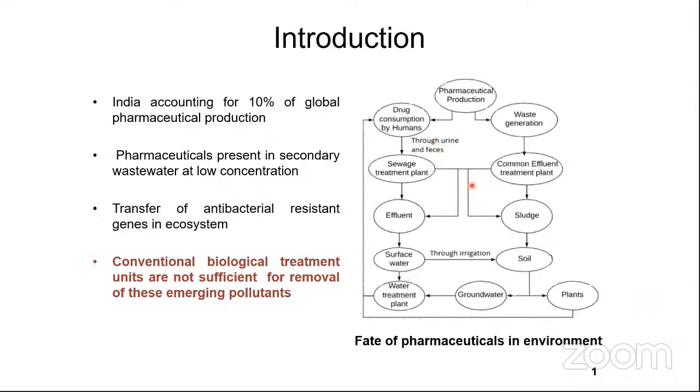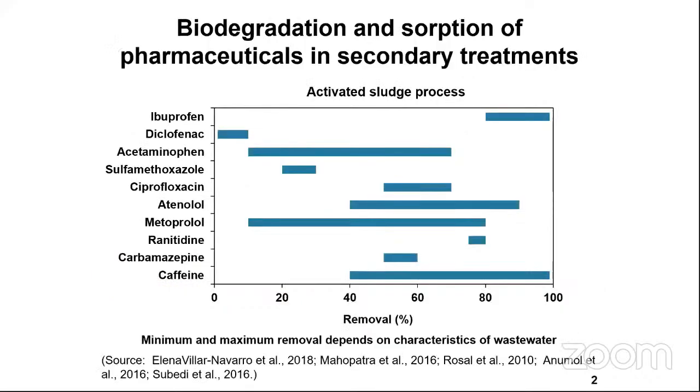These pharmaceuticals are present in the wastewater in low concentration. Conventional biological treatment units are not sufficient to degrade these pharmaceuticals due to their aromatic recalcitrant structure. These pharmaceuticals pose a great threat in terms of antibacterial resistant genes, antimicrobial resistant genes, and their chronic toxicity.